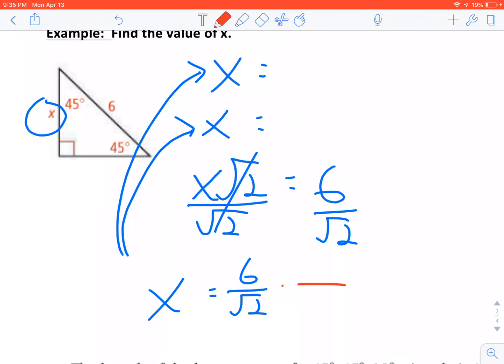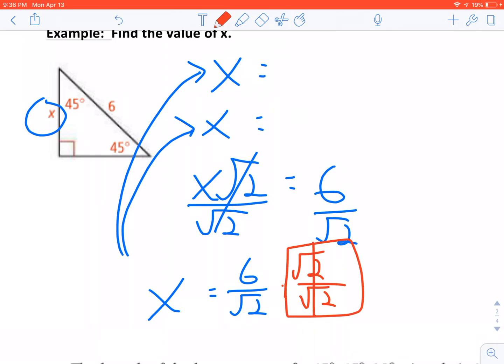Okay? You would have to do what we call rationalize the denominator. So when you get back to real life math here, you cannot leave a radical in your denominator. Okay, so to get rid of it, you have to multiply this by radical 2 over radical 2, because anything divided by itself is really just a big fat 1.